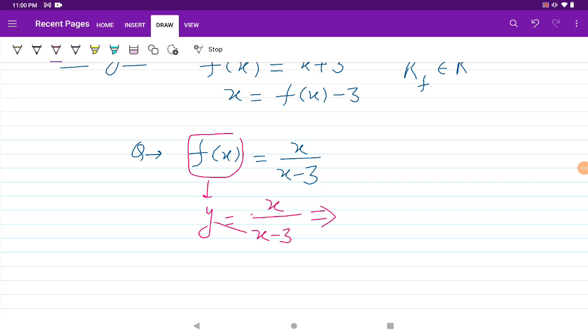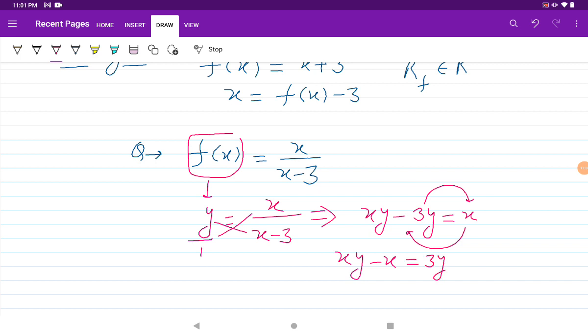Now we can cross multiply like this. Here we have nothing, so just consider here we have 1. So this becomes xy − 3y = x. Now you can transpose 3y to this side and x to this side. So it becomes xy − x = 3y.